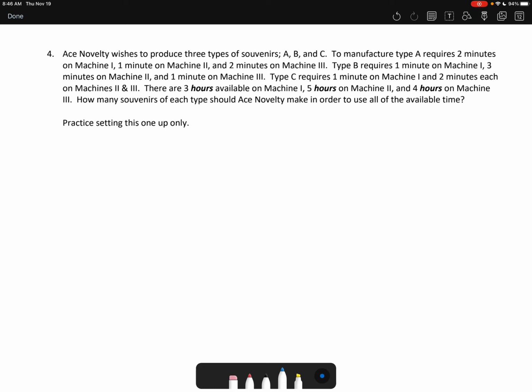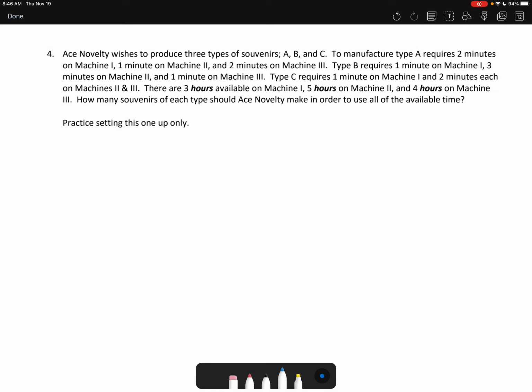Okay, so let's just try one last problem. And again, we're only going to do the setup here because the setup tends to be the hardest part. So on here we have Ace Novelty wishing to produce 3 types of souvenirs, souvenir A, B, and C. To manufacture type A requires 2 minutes on machine 1, 1 minute on machine 2, and 2 minutes on machine 3.